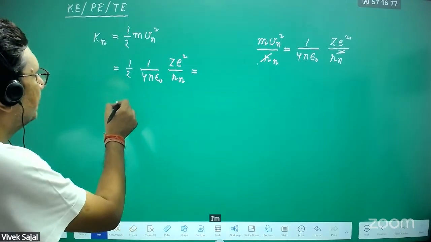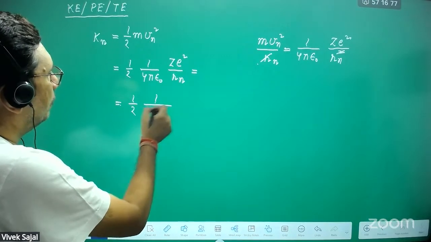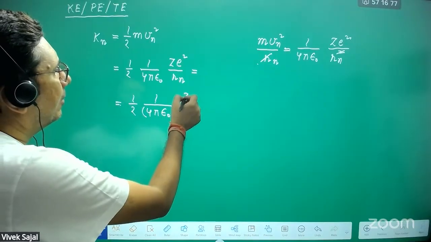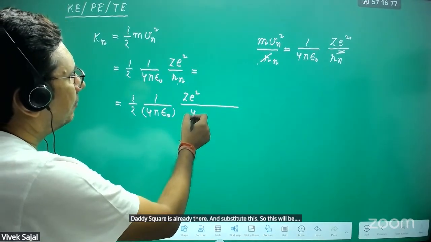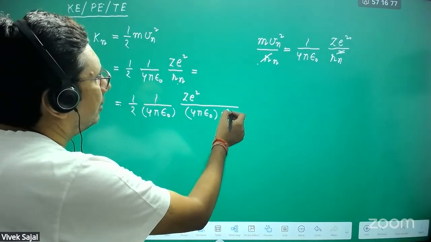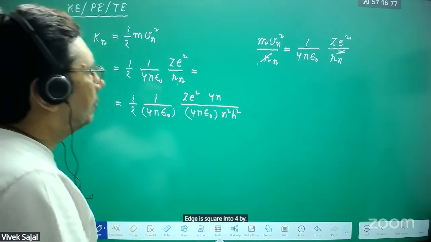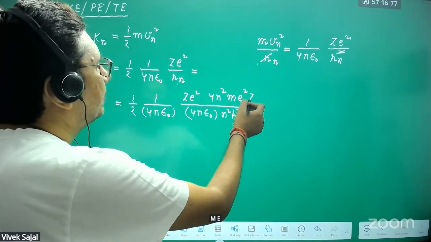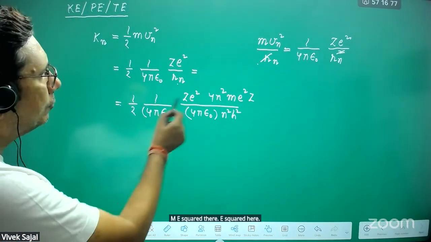I'm substituting here. This will be 1 by 2, 1 upon 4 pi epsilon naught, Z square is already there, and substitute this: 4 pi epsilon naught n square h square into 4 pi square m e square Z. So the 2 will cancel out.